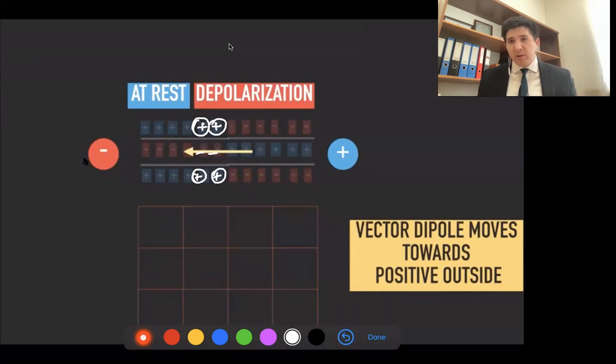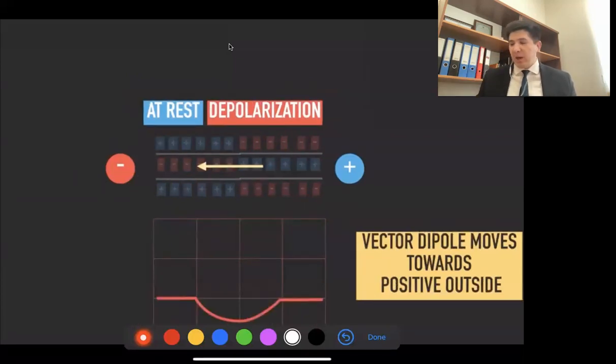And if you now look at the direction of the dipole vector, you can see here that the dipole vector moves to the negative, right? So to the negative charge, which we put outside. Whenever the dipole is moving in that direction, what you're going to have in the graph is the curve which is below the x-axis.